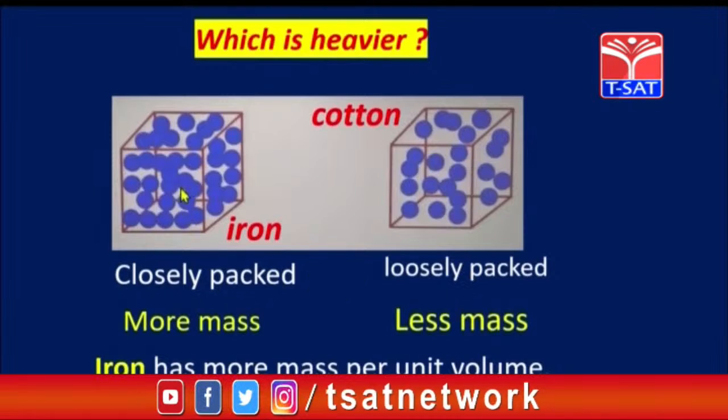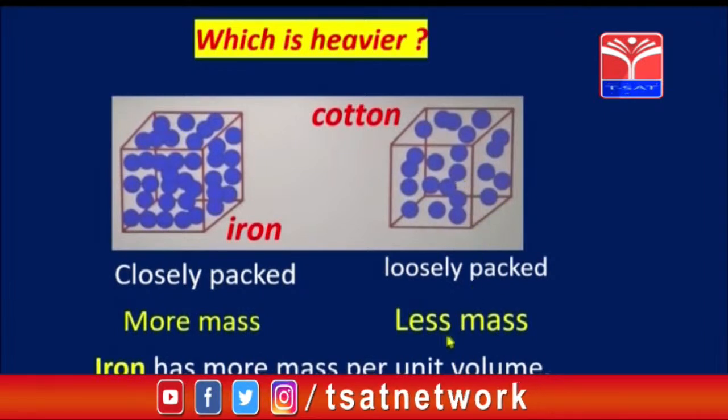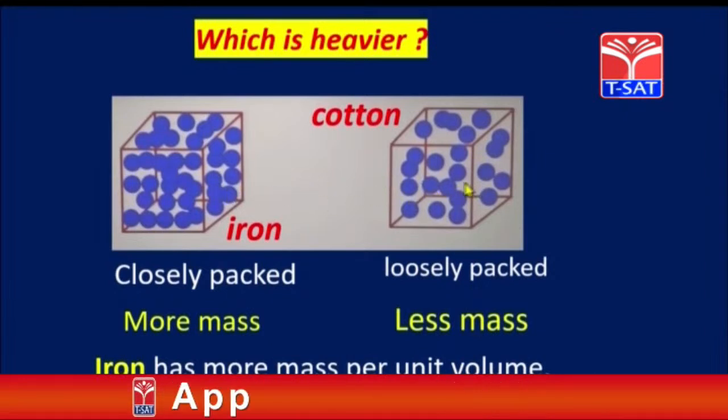So the number of molecules is more, so more mass will be there for iron. That is obvious, right? More molecules means more mass. Mass means what? Matter contained in the body. Here the molecules are loosely packed, because of that the cotton is going to have less mass for the same volume. That is very important.